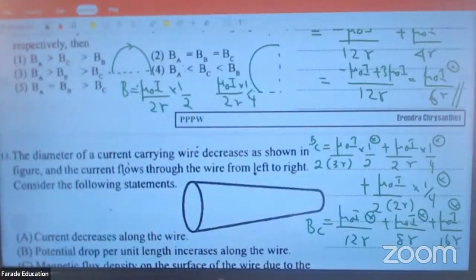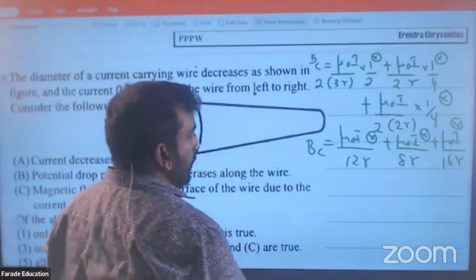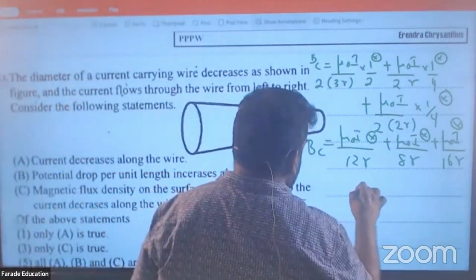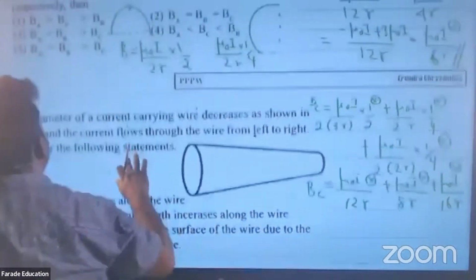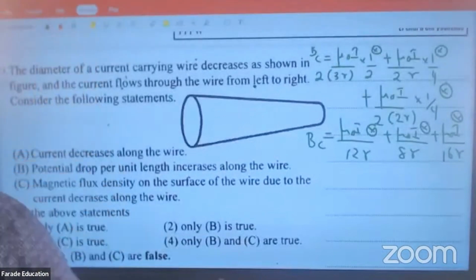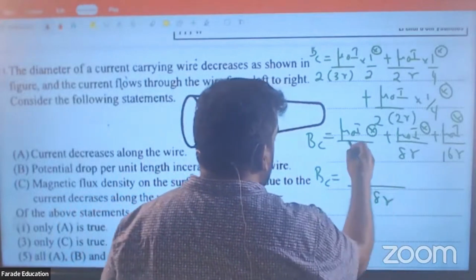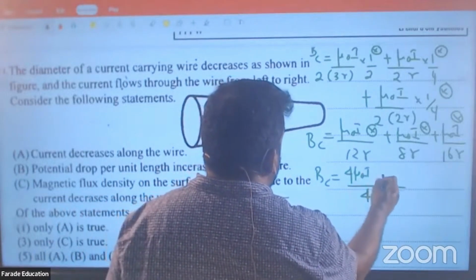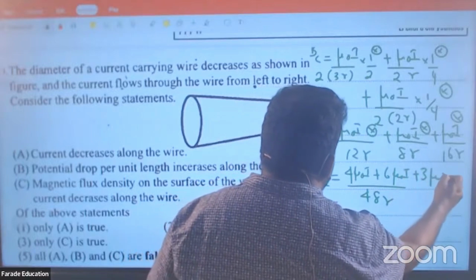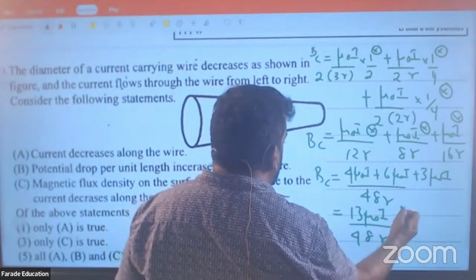Common denominator 48. 4 times mu naught I plus 6 times mu naught I plus 3 times mu naught I. 13 mu naught I divided by 48R, inward.